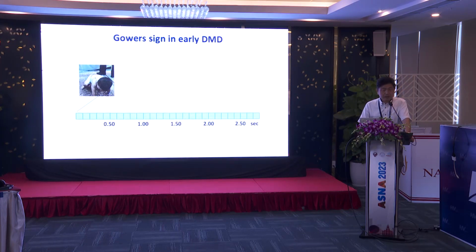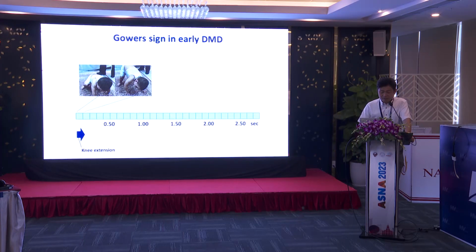Then I actually analyzed this video frame by frame manually, okay? So from this position to finally standing up, he took 2.7 seconds. And very interestingly, from this posture, even just after 0.1 second, he had already extended his knee, right?